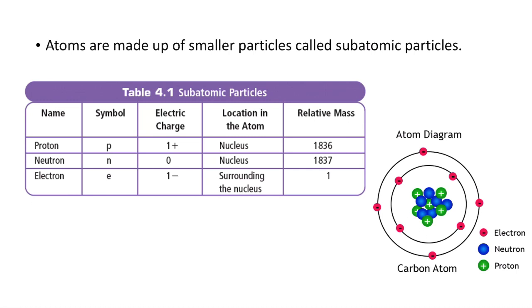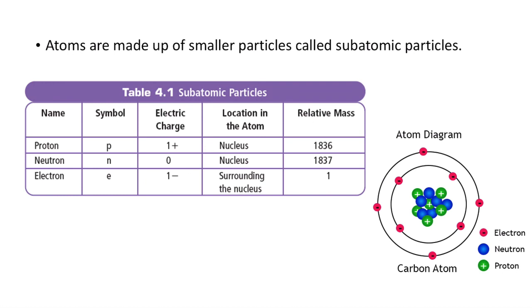Okay, so atoms are made up of smaller particles called subatomic particles. This is what we just talked about. Again, I'll review. So subatomic because it's smaller than an atom. So I'll pause here for a second so that you can get all this information copied down. So the table shows the three main types of subatomic particles.